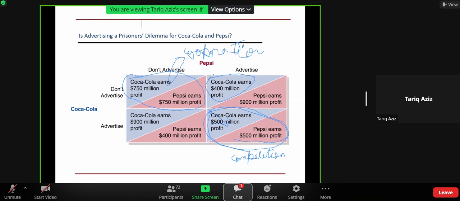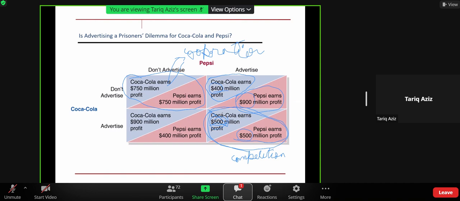Then its customers will shift to Pepsi, so Pepsi will earn more, because of advertising. One party will earn a lot, another party will not earn, so then both will start advertising. If both start advertising, then the profit of both companies will reduce to 500.